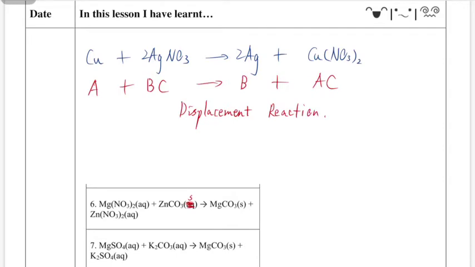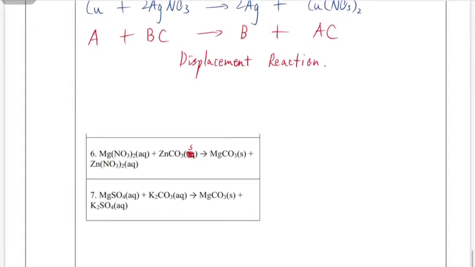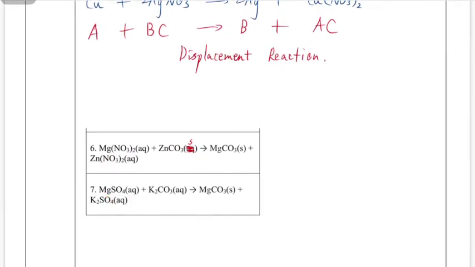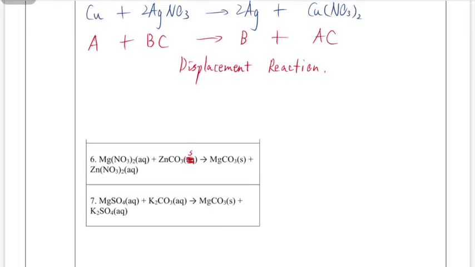Now take a look at the two reactions that we have come across on our worksheet. For these two, we put in two kinds of salts, and they exchange the cation and anion, and then form the products.